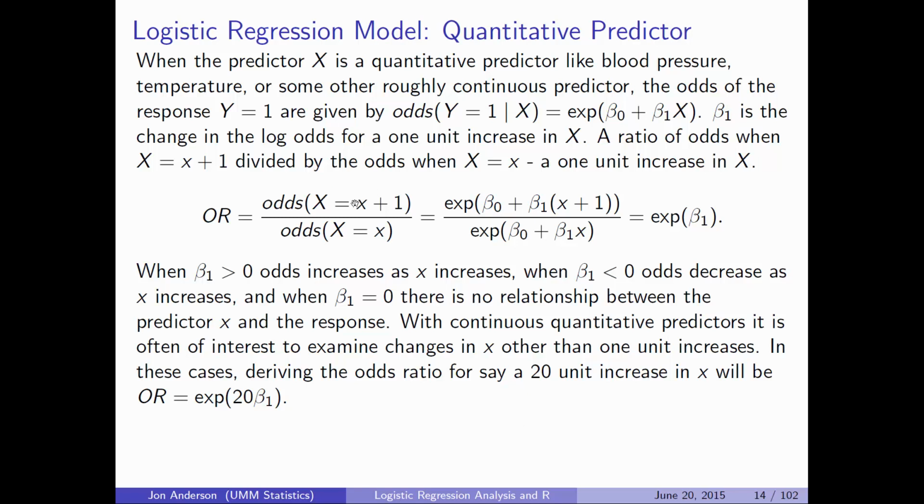In this case, you'd put in x plus 20, everything would cancel out, and you'd be left with e to the 20 times beta 1, like I'm showing right here. So if you want to compare 20 units more of a predictor compared to a base level, the odds ratio becomes like this.